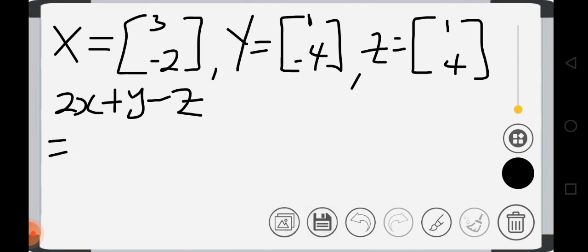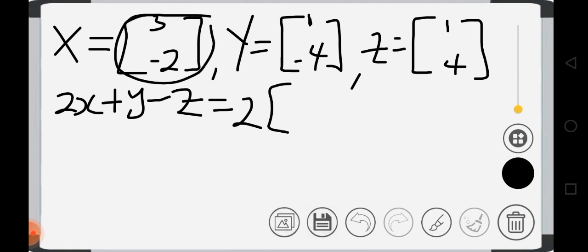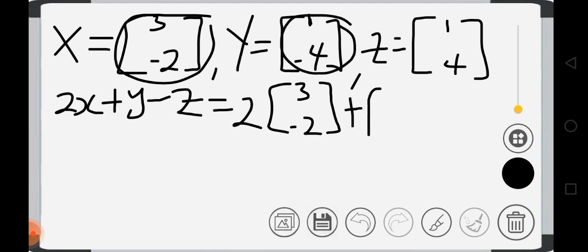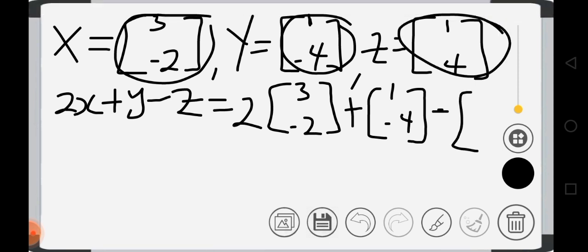So this will be equal to 2 times x. What is x? Look at this here. That is 3 comma minus 2, plus y. What is y? Look at y here. That is 1 comma minus 4, minus z. And which one is z? Look at z here. 1 comma 4.